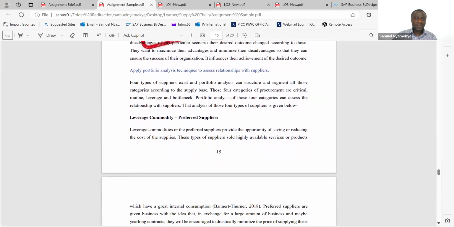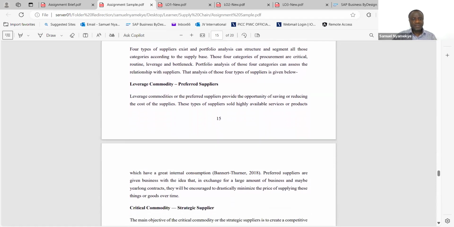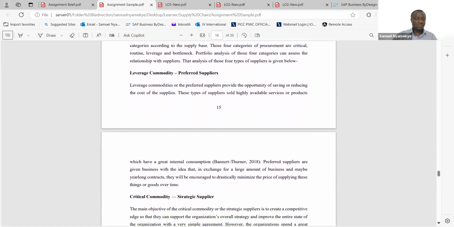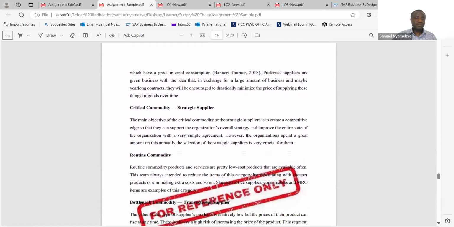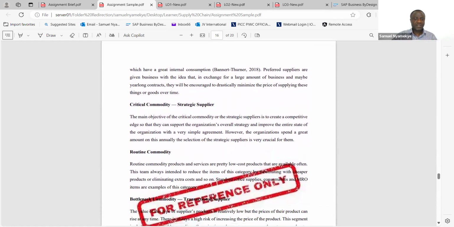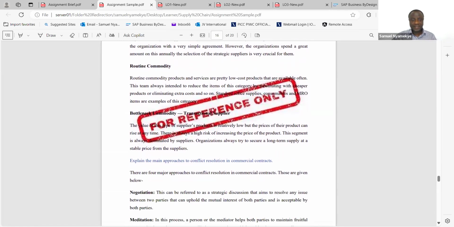So that is it. The portfolio analysis, like I said, if it's the leverage commodity, you go with preferred suppliers and the kind of relationship that you have to form with them. If it's critical, you go with the strategic. For routine, it's very straightforward, and you can always go for alternatives.